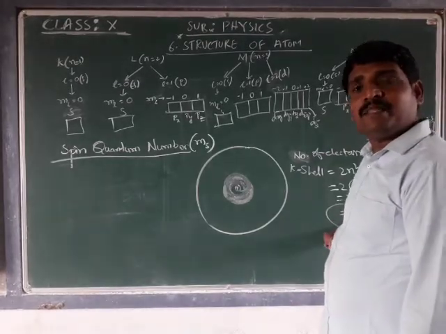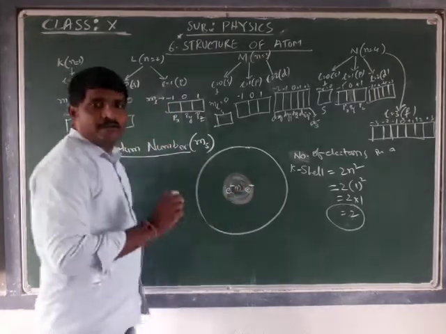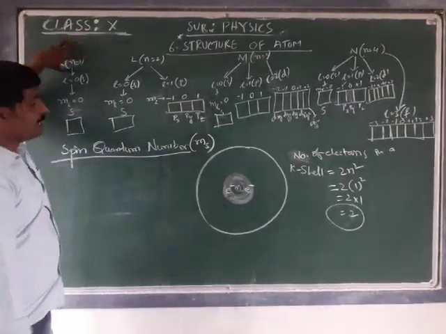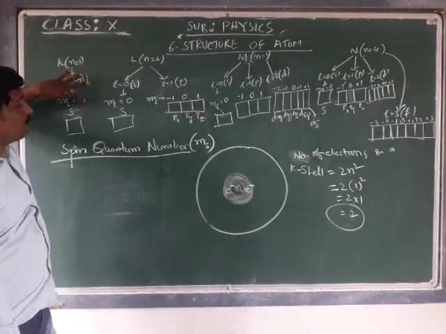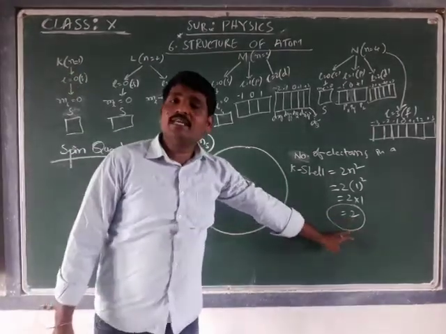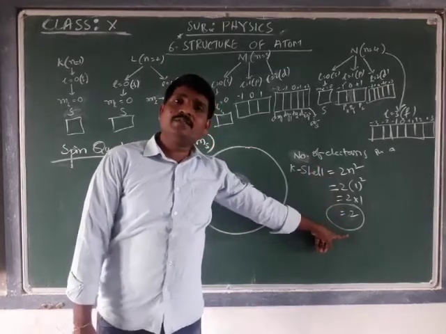How many electrons can be there? 2 electrons can be there in this region, electron 1 and electron 2, for example. Try to understand this carefully. In the K shell we have the S subshell, and in this S subshell we have one orientation. In this one orientation, how many electrons can be filled? We can fill 2 electrons, because the K shell can possess 2 electrons.